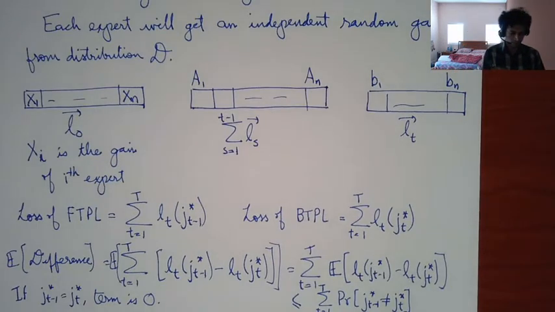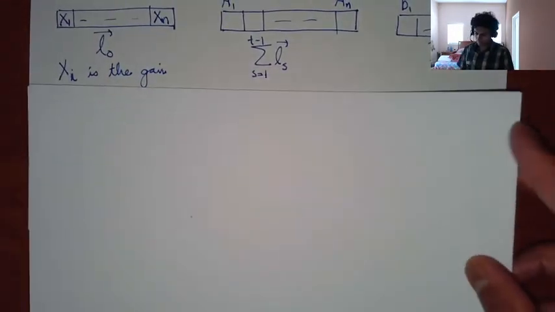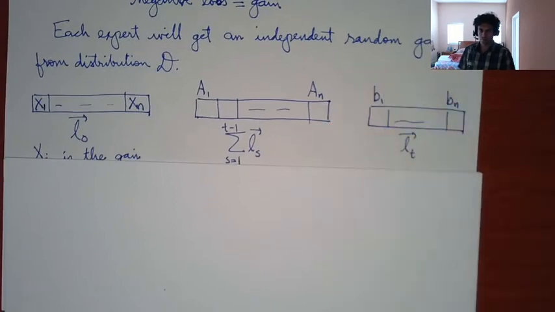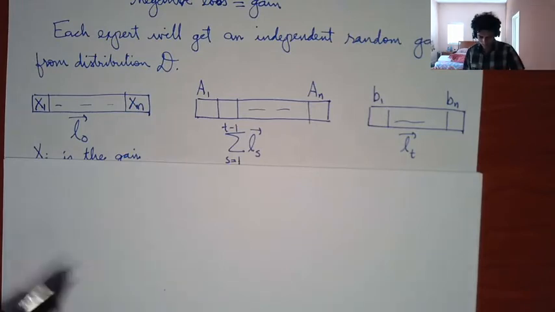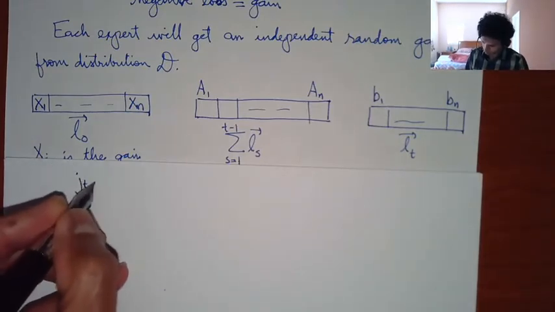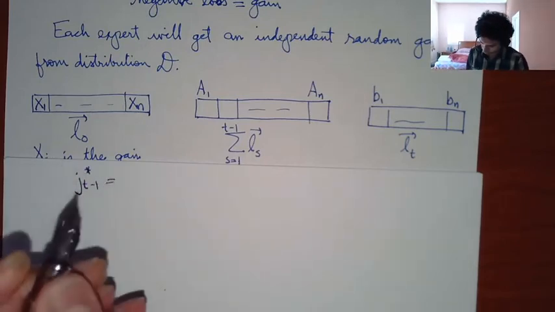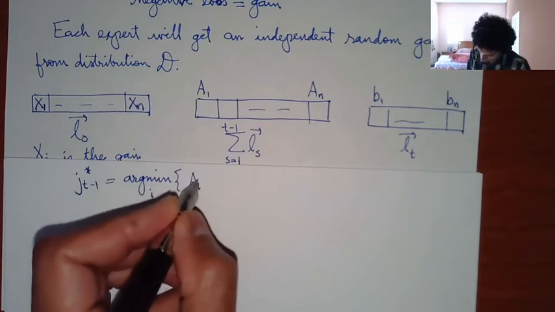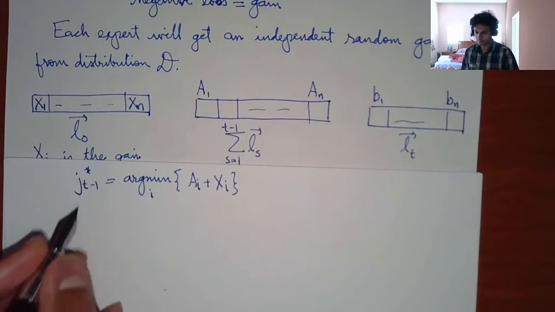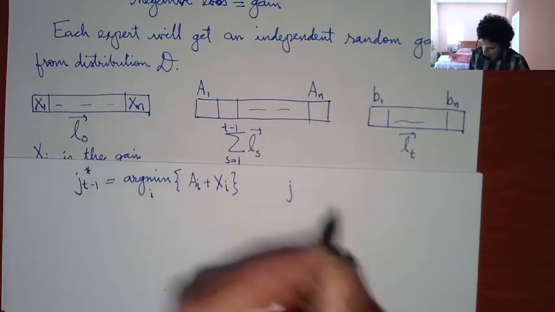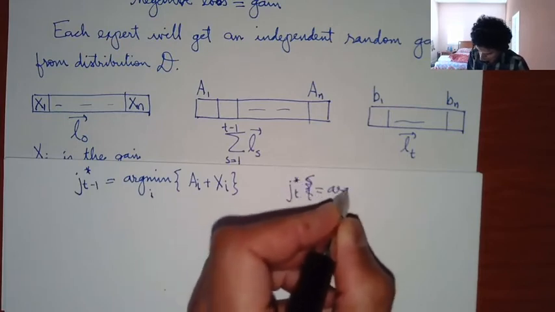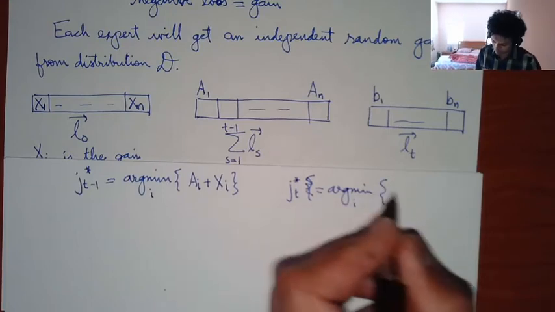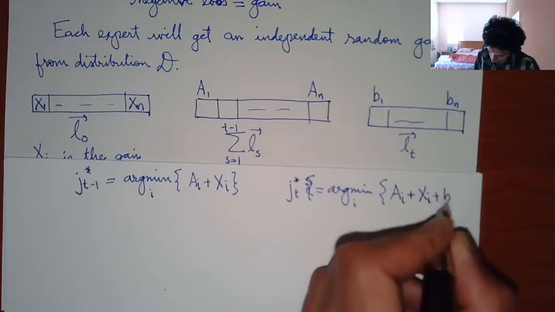So let me write this down. J_{t-1}^* is simply the argmin over the set A_i plus x_i. And J_t^* is equal to the argmin of A_i plus x_i plus b_i.